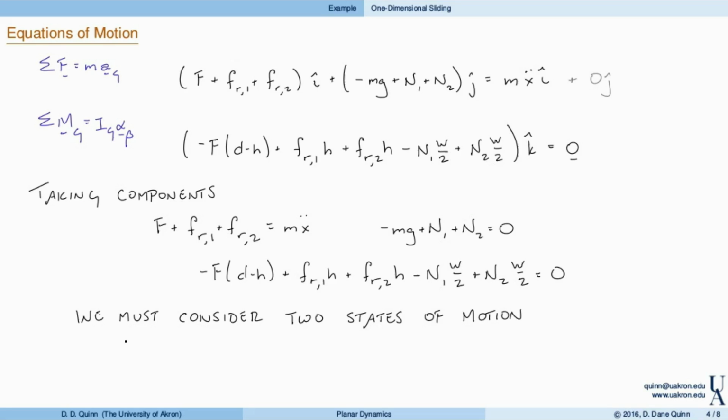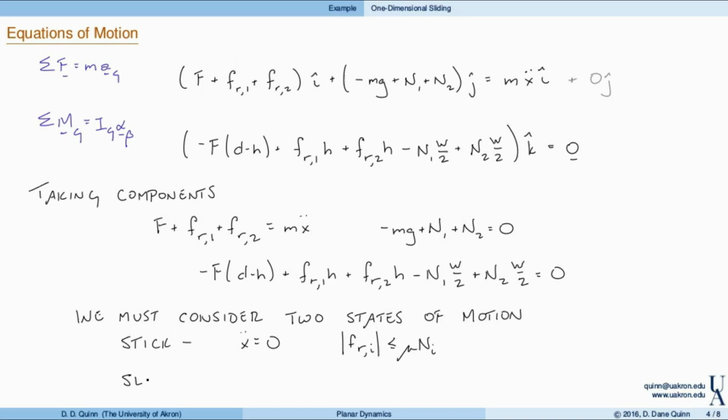So in the case where the block sticks, there's no motion, and x double dot is equal to 0, with the constraint that each friction force is less than or equal to mu times the corresponding normal load.